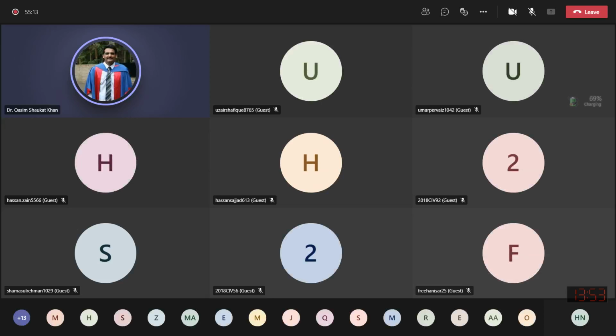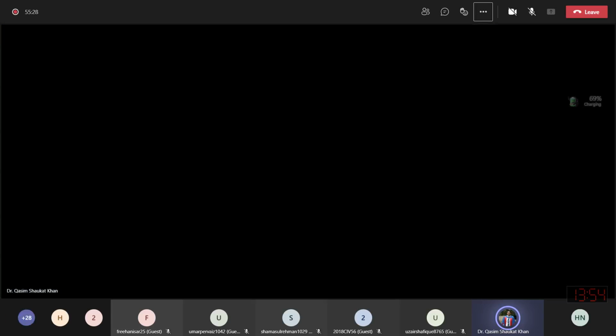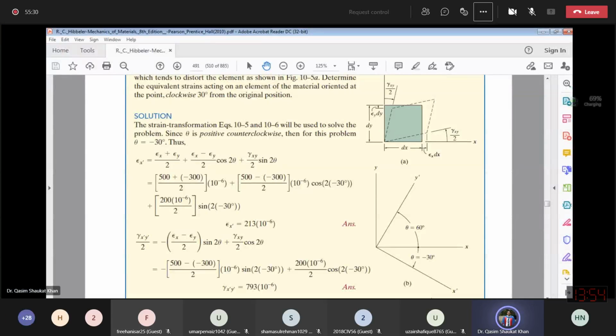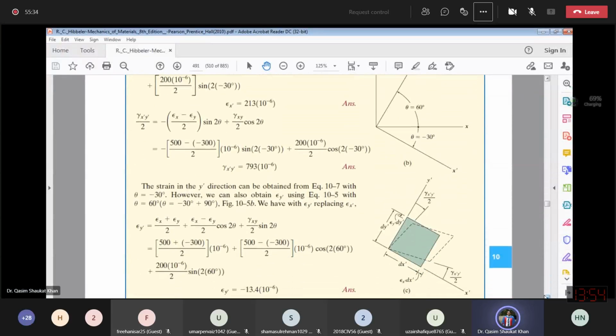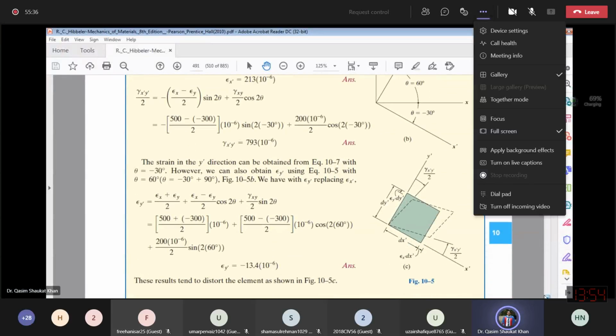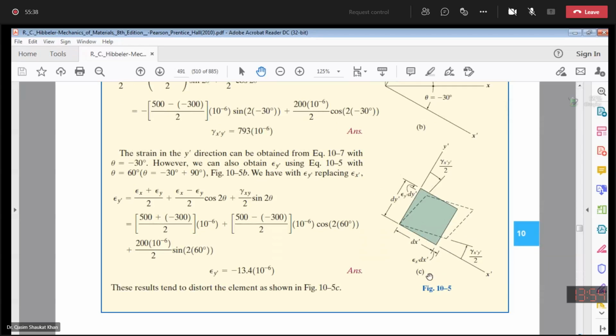Let's start the next example, that is 10.2. Guys, this is the final state of the element which we have to present.